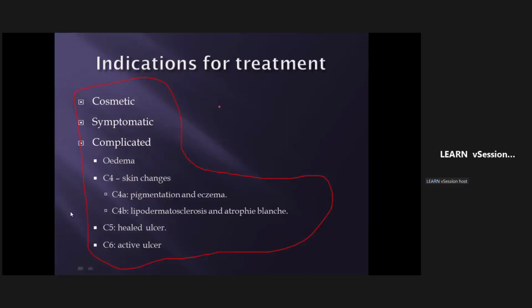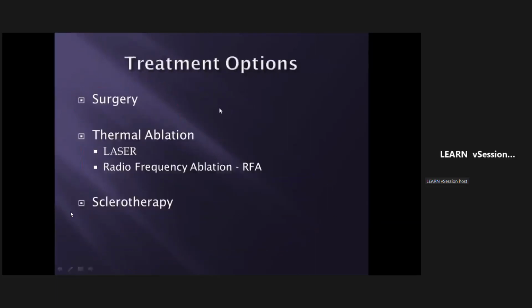Right. So what are the options available? You have the old style surgery. Some of your relatives may have had saphenofemoral junction ligation, stripping, avulsions, those kind of things. And nowadays you have less invasive thermal ablation methods.